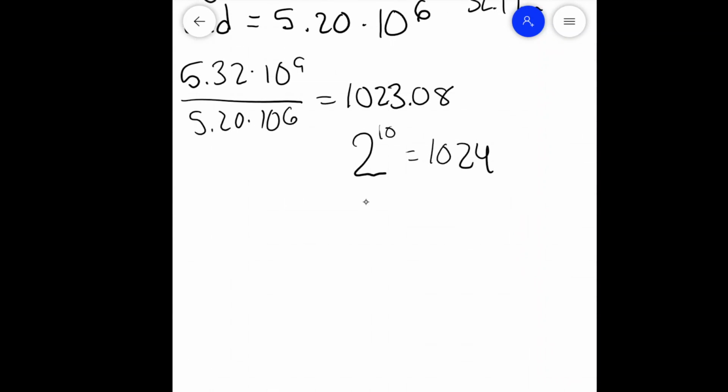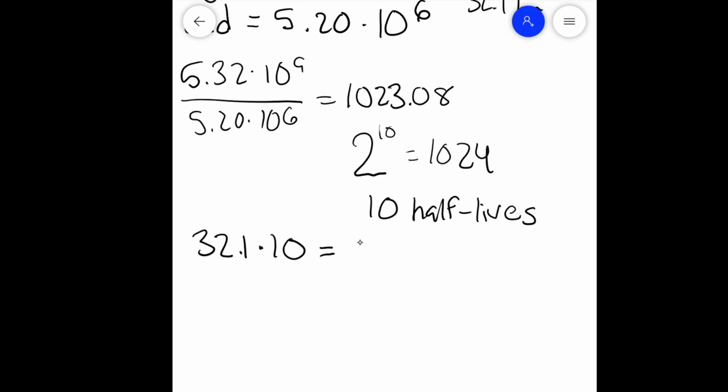That means it took 10 half-lives to get to that amount. Then you take the half-life time, 3.1 hours, times the number of half-lives, and that gives you 31 hours. And that is your answer. So that's how long it took for this sample to reach that amount.